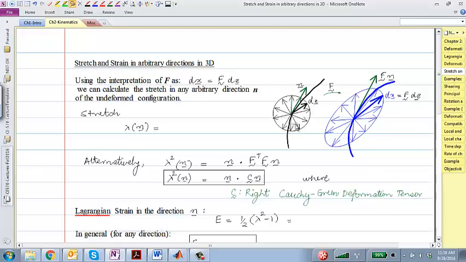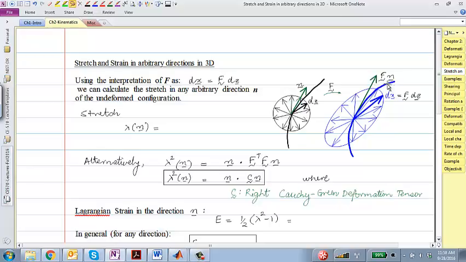So this black curve deforms to this blue curve at that particular point. The undeformed tangent vector is n. The deformed tangent vector is F acting on n. I hope that's something you're comfortable with. When F acts on the undeformed tangent vector n, the deformed tangent vector is simply F acting on n.